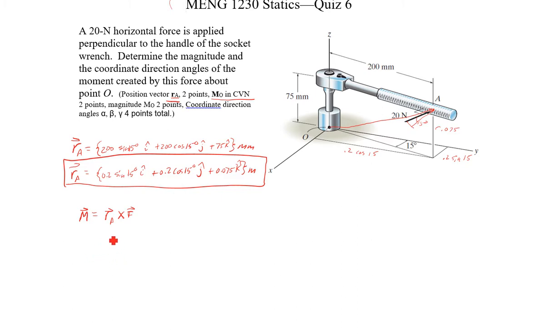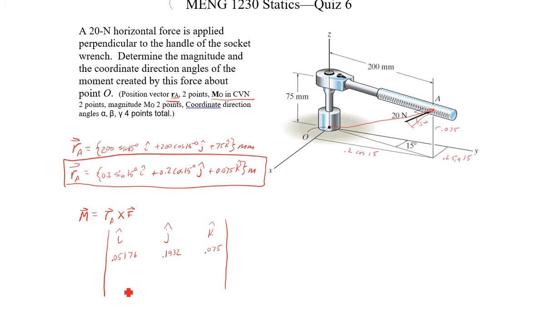So this equals I J K crossed with, taking these guys and putting it through, we get 0.05176, 0.1932, and 0.075.